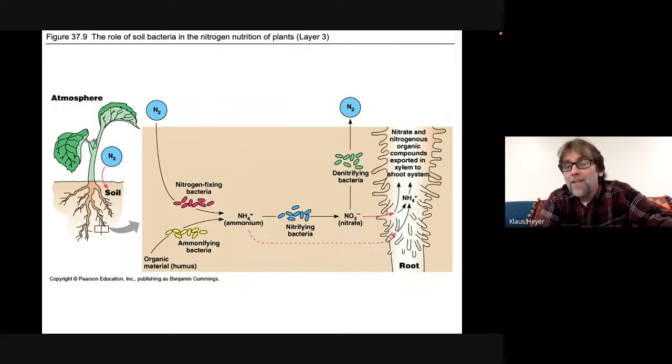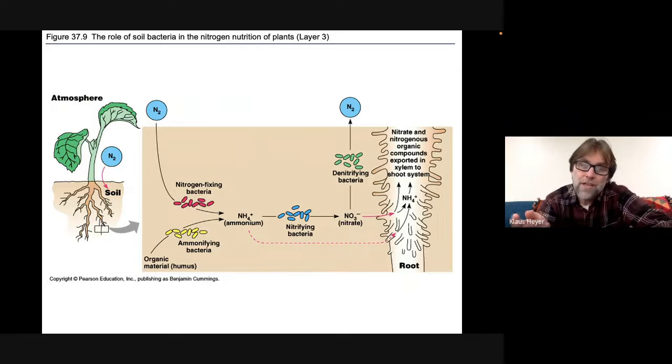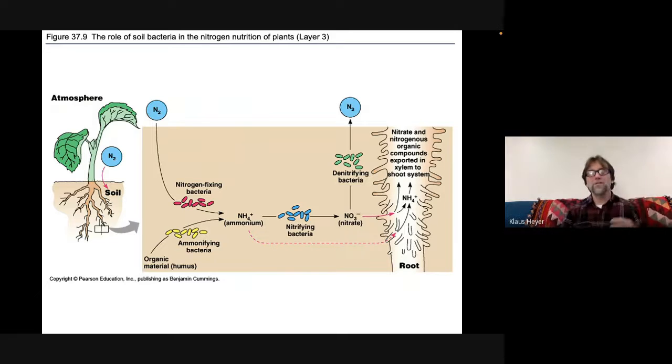All right, plants have the same problem. There's nitrogen in the air, but they can't use it. So they have a symbiotic relationship with bacteria. This bacteria is living at the roots. Just like the fungus, there's bacteria down there too.